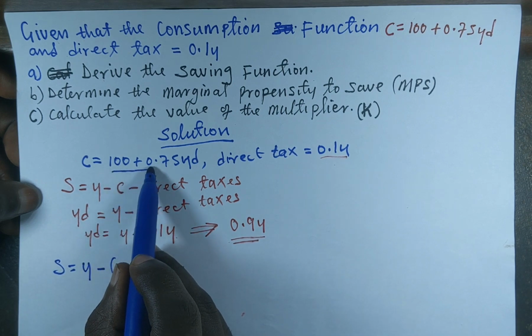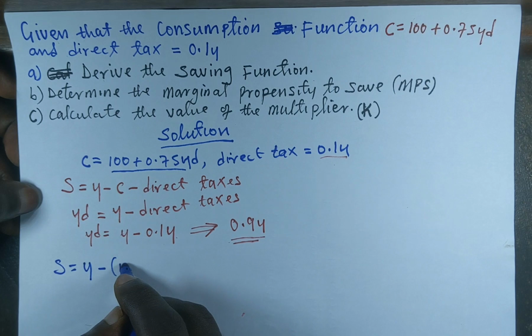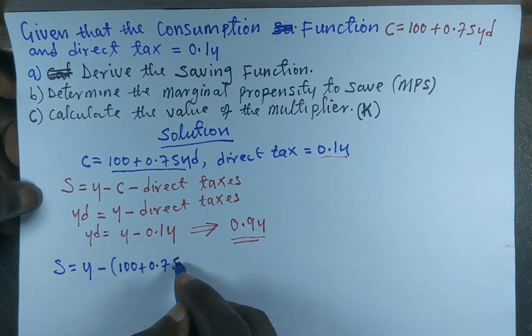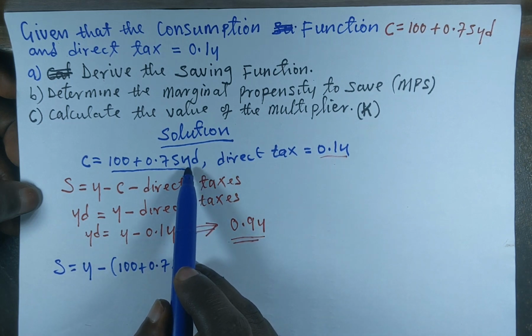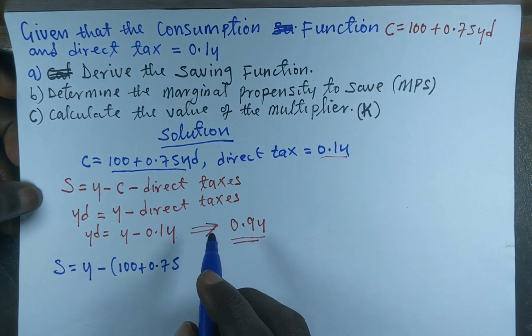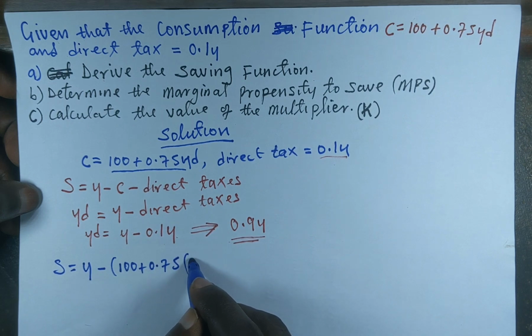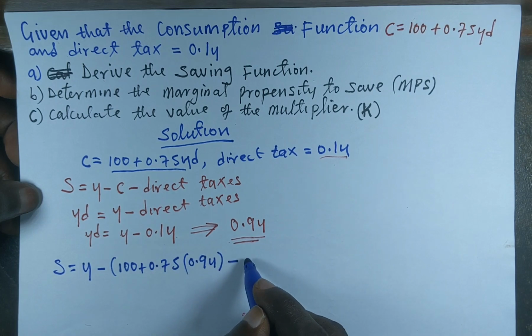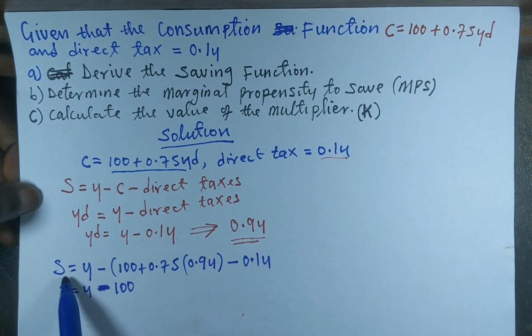So we bring down the consumption function, 100 plus 0.75 times the value of disposable income, that's 0.9Y, minus the direct tax, which is 0.1Y. So we have saving equal to Y minus consumption minus direct taxes. So let's continue.